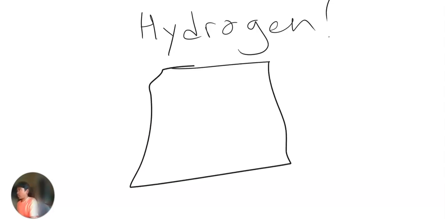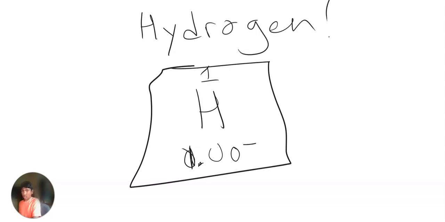Hydrogen is represented with one big giant H, and its atomic number is 1. Its atomic weight is 1.00784 u.